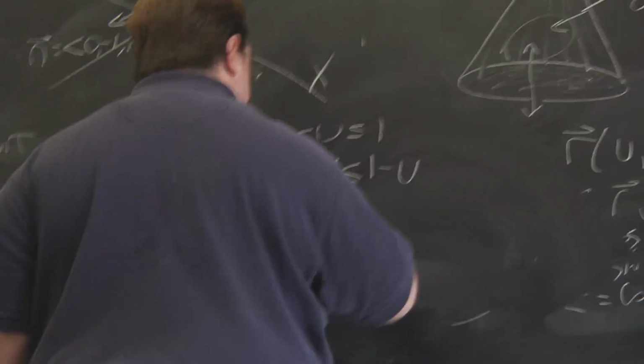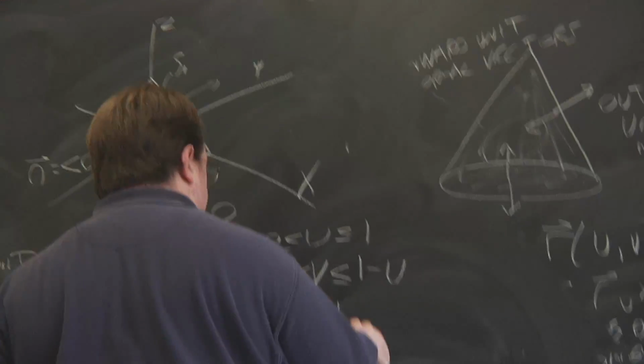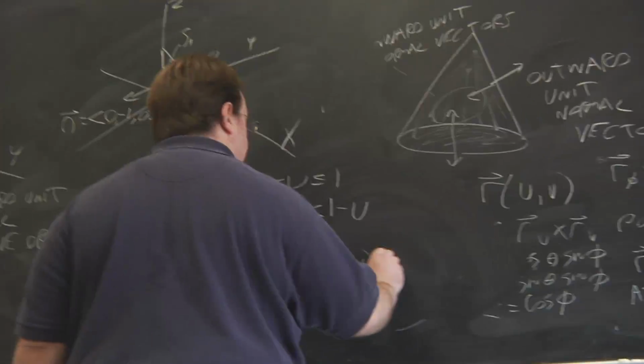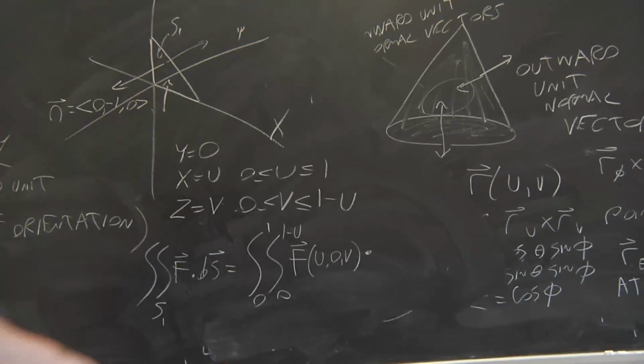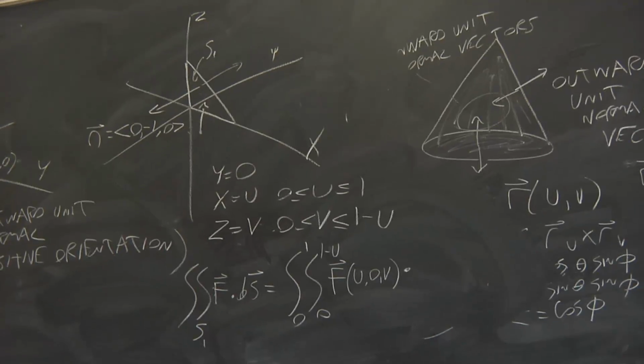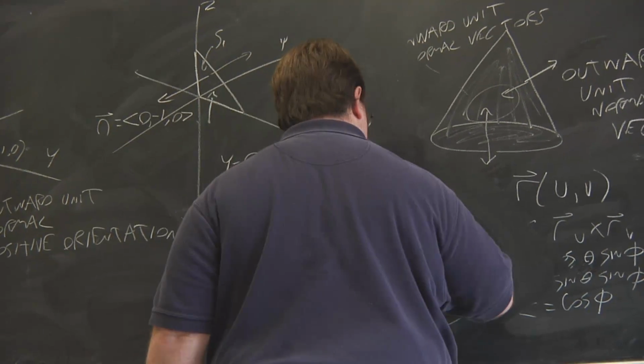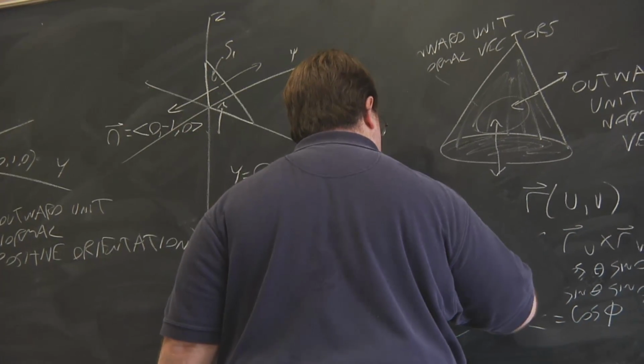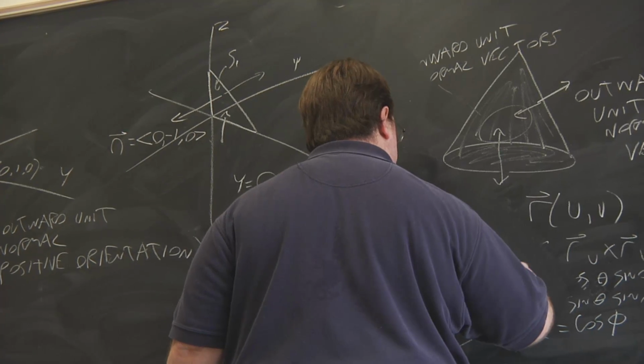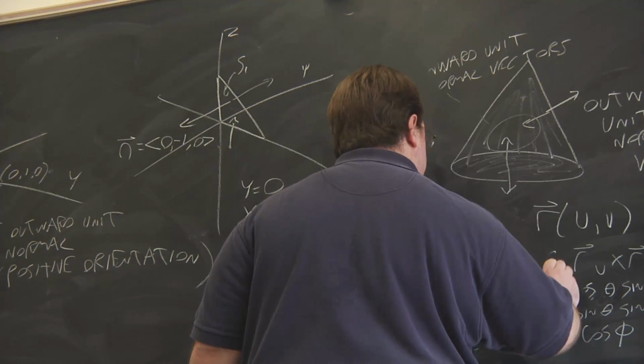Here we're going to have our vector field with x, y, and z plugged in, so it'll be (u, 0, v), dot product with r_u cross r_v du dv.